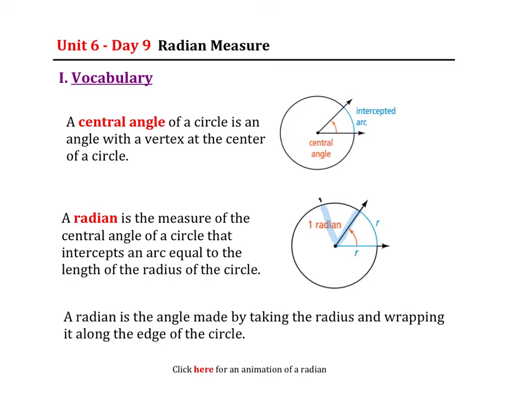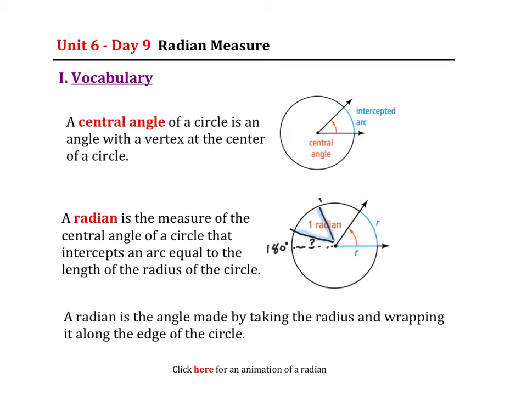Then if I rotated that, right about there we'd have 3 radians. And then it looks like here I'd have just a little extra. So we have 3 and change radians that make it to 180 degrees.